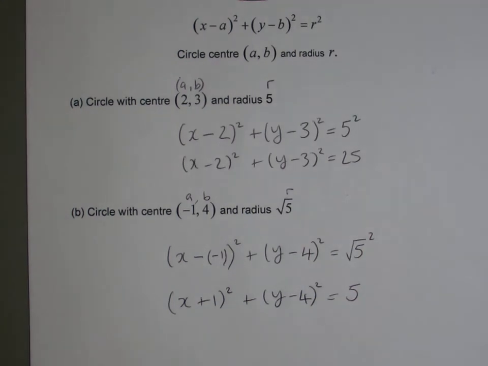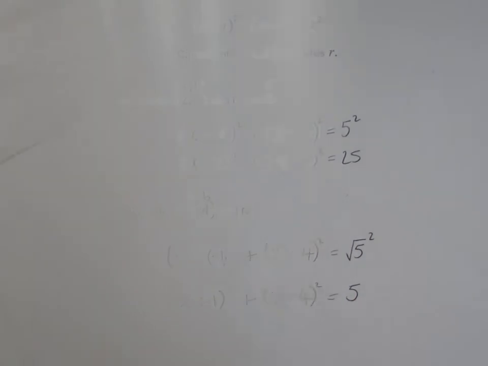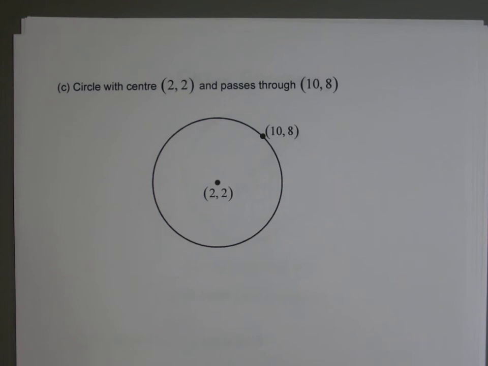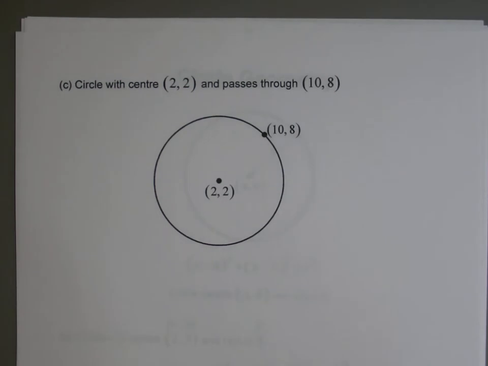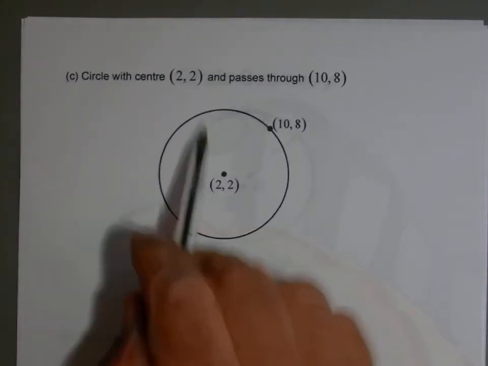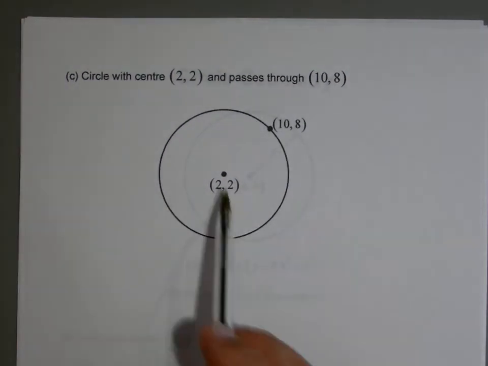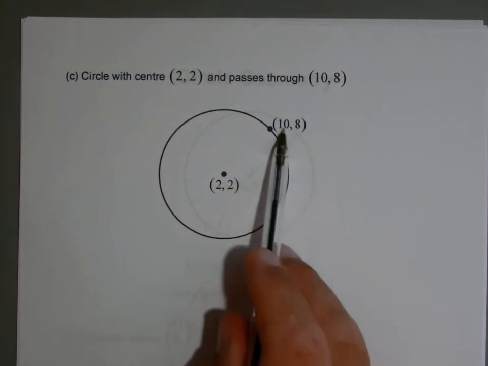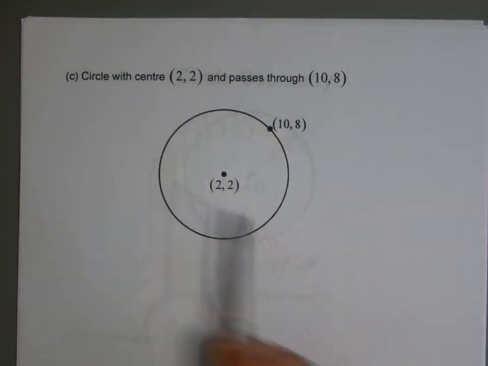Now you could be asked to describe the equation of a circle given this information: a circle with center 2, 2 that passes through the point 10, 8. I've mocked up on the computer this situation where you've got your center and a point that the circle goes through, and we need to write it in our form.